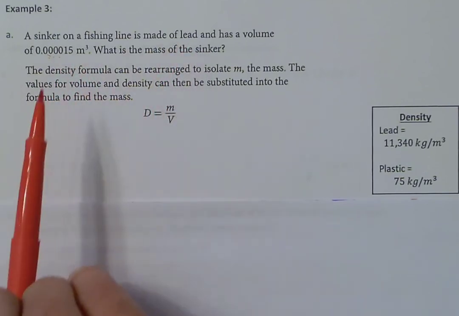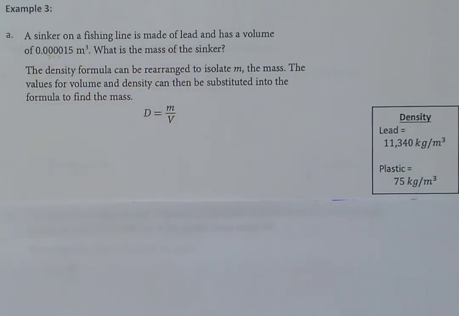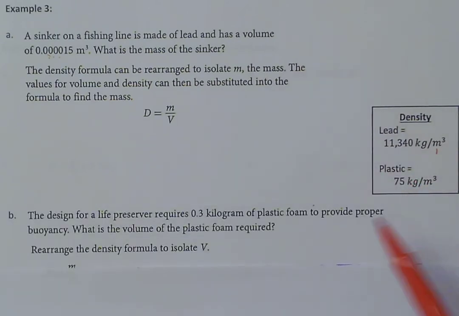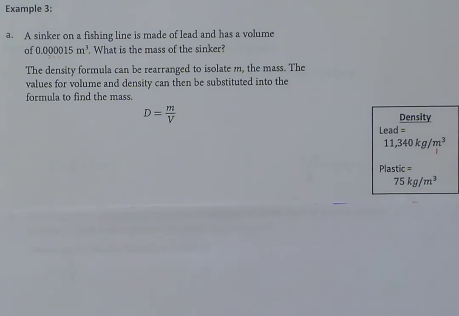Now, I know you may be sitting there going, well, that's great and all, but I don't really know how much lead weighs. Well, as it happens, I have provided the density for lead, which you'll use for part A. For part B, you would go through this problem and use the plastic measurement for that.